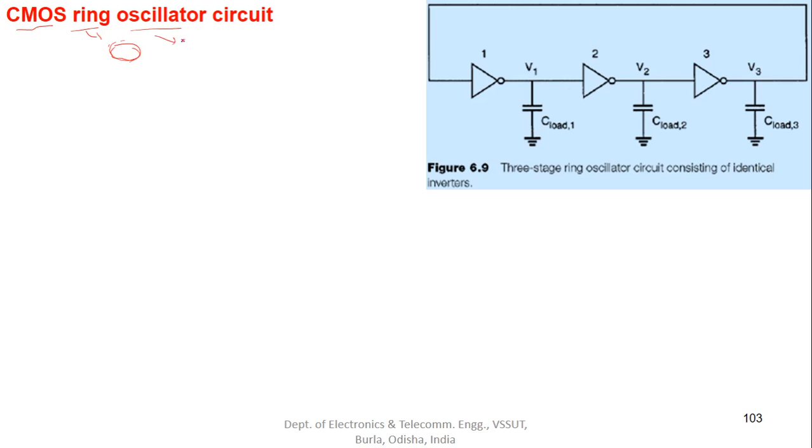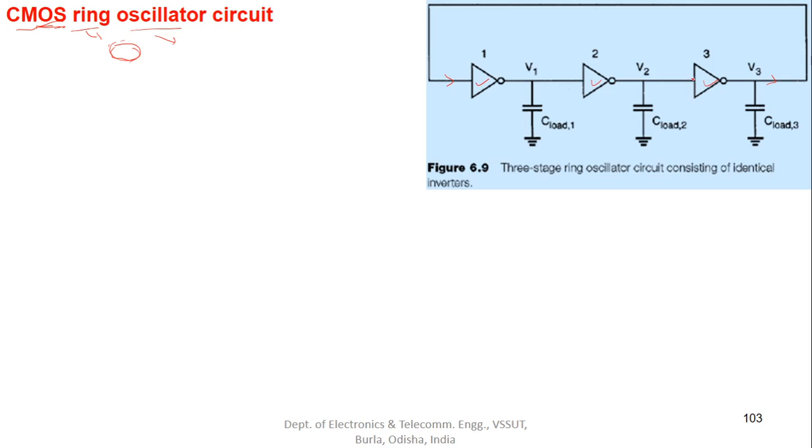Oscillator means it will keep on oscillating under certain conditions, and it is made by using CMOS circuits. So basically when you combine an odd number of CMOS inverters, this is inverter 1, this is inverter 2, this is inverter 3, and when they are combined back to back and the output of the last inverter is fed to the input of the first inverter, this becomes a kind of closed circuit. This is called a CMOS ring oscillator circuit.